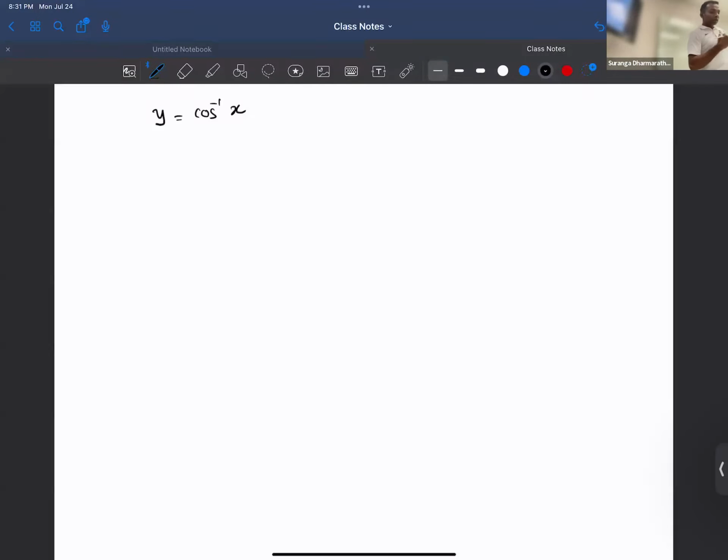Then you need to find dy over dx. So you can write cosine y is equal to x. Then you do d over dx, or differentiate by x, on both sides.